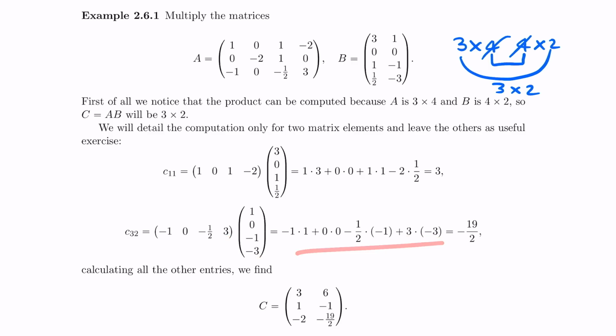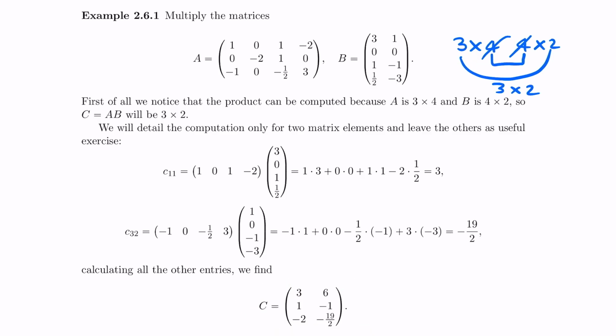Performing the computation, you obtain minus 19 divided by 2. In order to become familiar with the matrix product, it is important for you to perform all the other computations, and when you do so, you can check that the matrix product of A and B is the matrix written here.